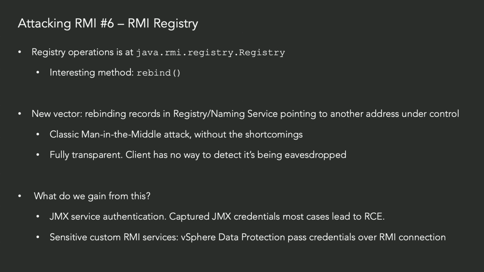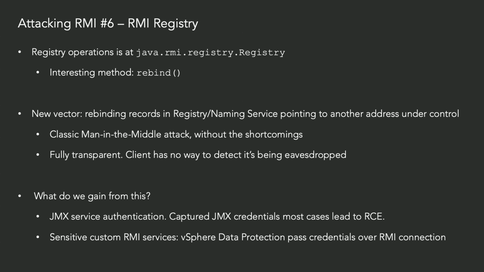You just have to do a remote method call onto the server and rebind the record into another object under our control. So the server will forward all connections to the server under our control. And this is fully transparent. The client doesn't know it's being eavesdropped.